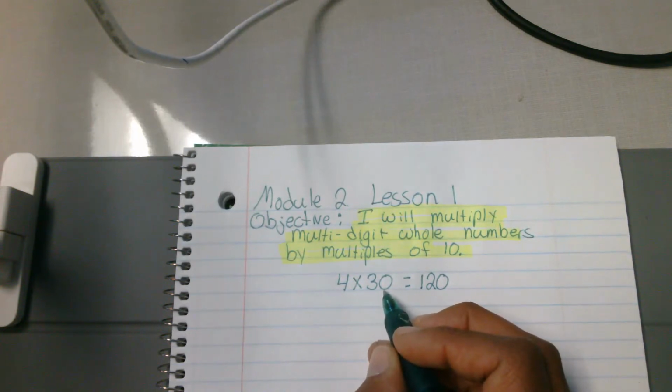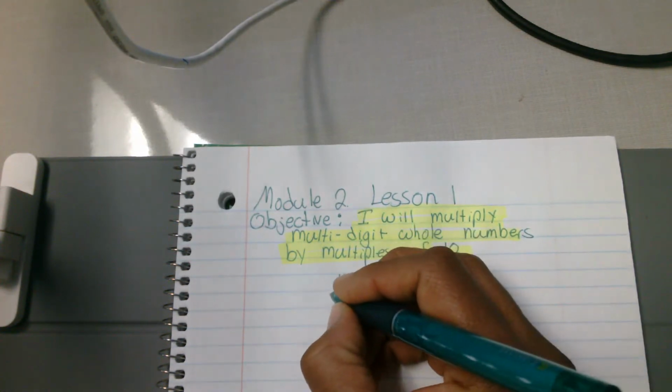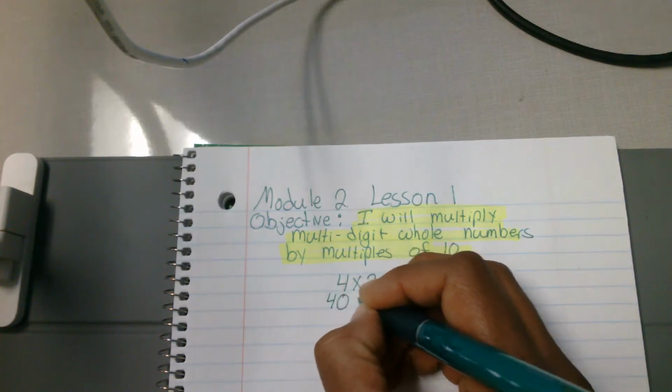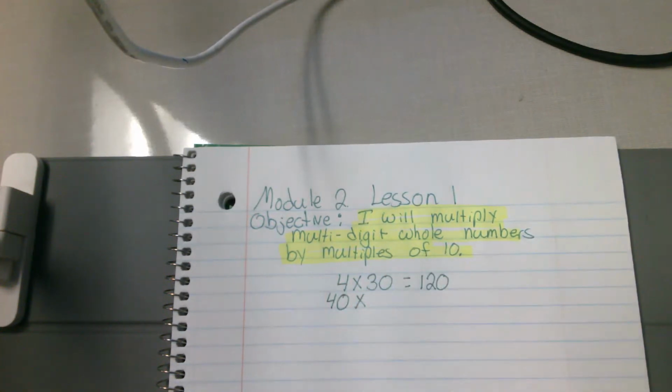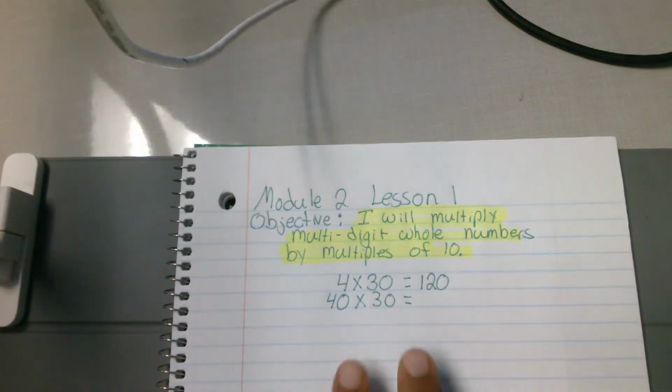So this is a multiple of 10, right? Anything that has 0 in the ones, tens, hundreds, and so forth. Same digits, I'm going to add now a 0 onto the end of the 4. I'm going to do 40 times 30. Well, again, I'm not going to think of my 2 zeros there.